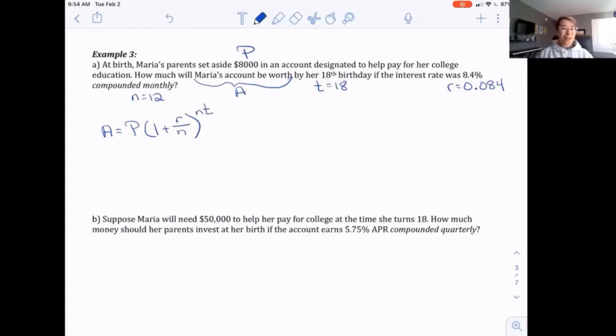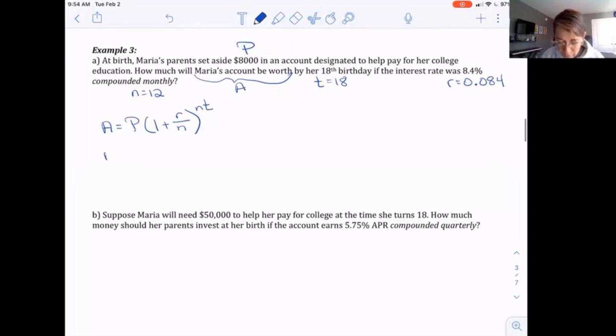So let's fill in what we know, plug and chug. We're solving for A. Our principal is 8,000. We have 1 plus 0.084 divided by 12 to the power of 12 times 18.